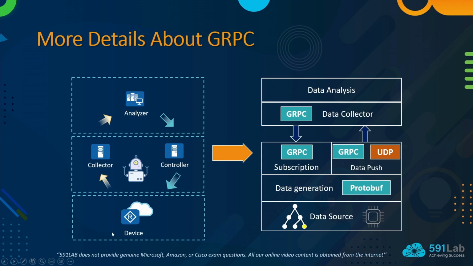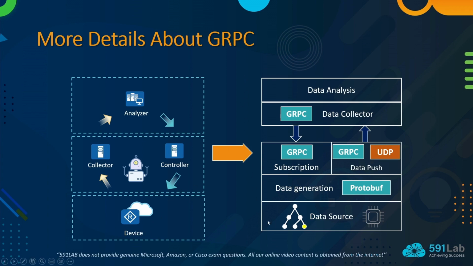The data is produced from the device, and the data will be subscribed and sent to the telemetry collector. Then the collector sends it to the analyzer to analyze it and make some actions to the controller. So the controller will do the automation to the device. And it's a good loop for network automation and monitoring.